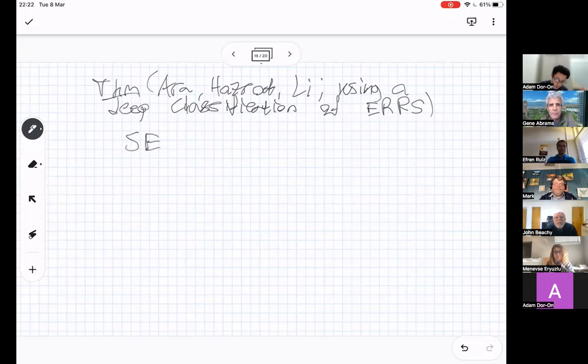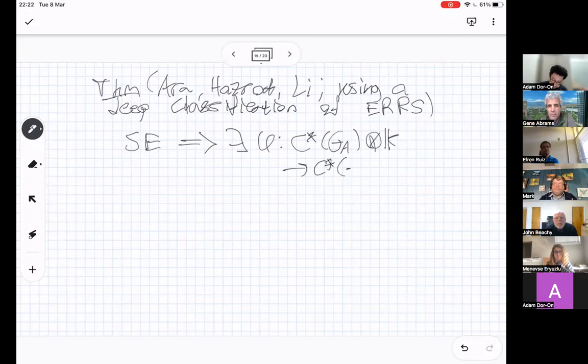From shift equivalence, you actually do get some isomorphism, but you have to go through classification. We don't know if this isomorphism can be chosen to be graded. Okay, this is sort of a big problem. So this is a star isomorphism.